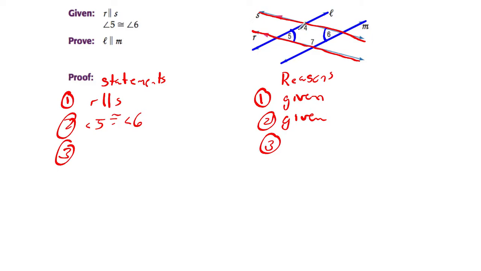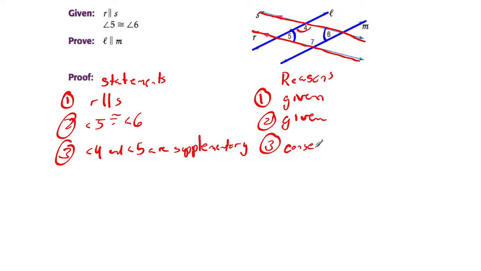And then we can see, well, wait a minute. That means that angle 4 and angle 5 are supplementary, because they're consecutive interior angles.